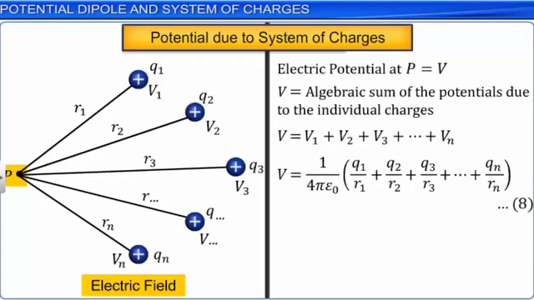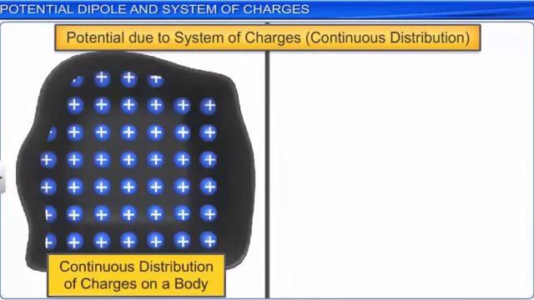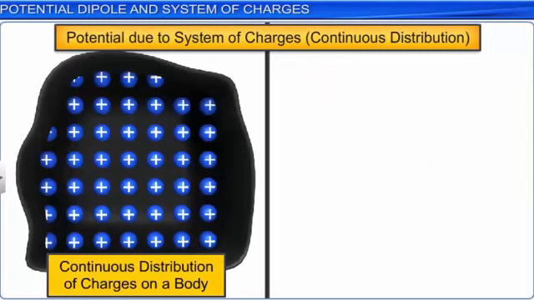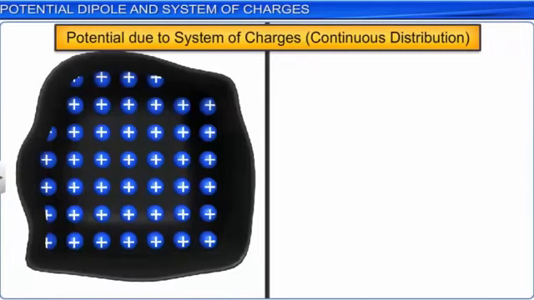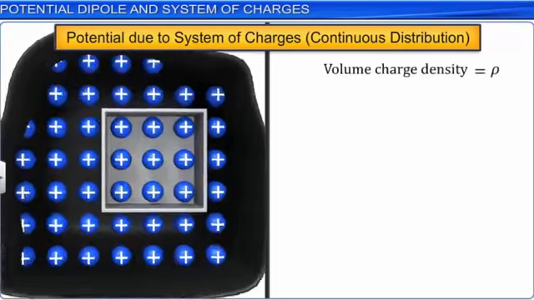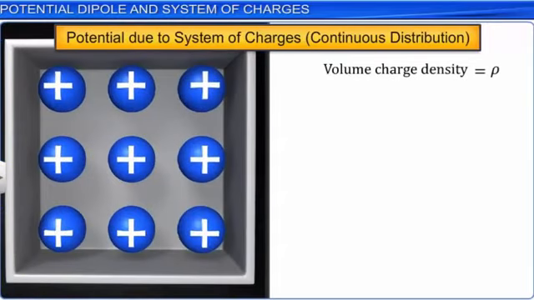To obtain the potential due to a continuous charge distribution, we first divide it into a number of small volume elements of charge density rho, such that the small volume elements have a volume dV each and a charge rho dV each.